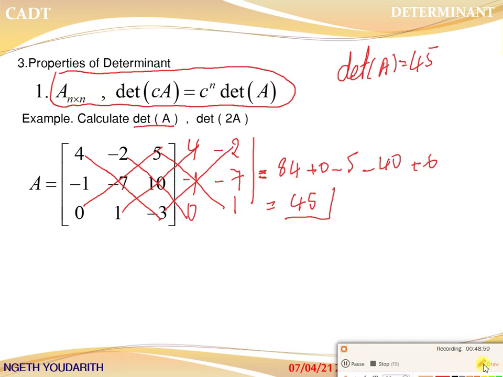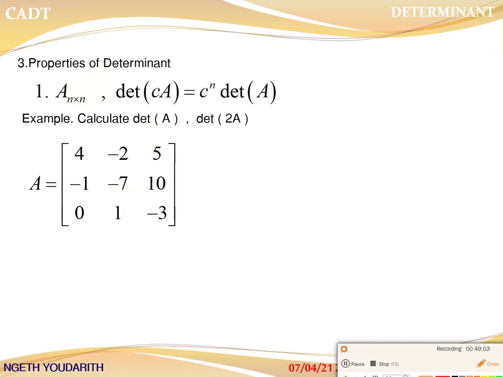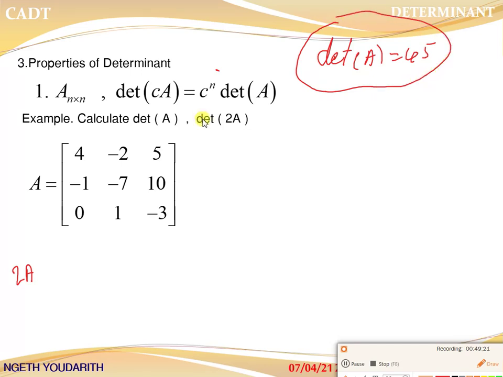Determinant of 2A. If we have 2A, I write in here 2A, but we can use determinant of A, which is 45.